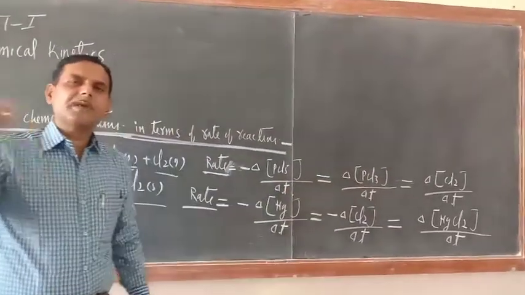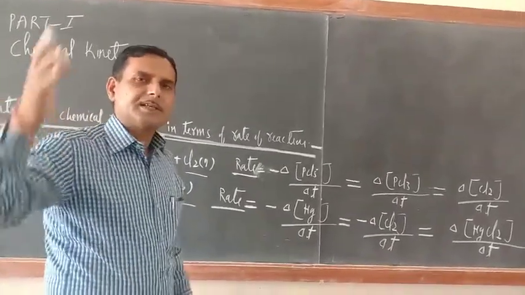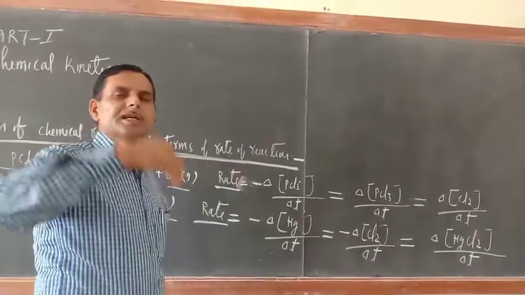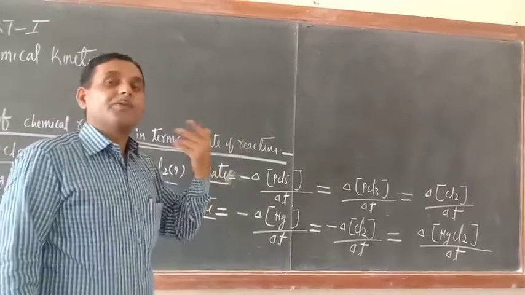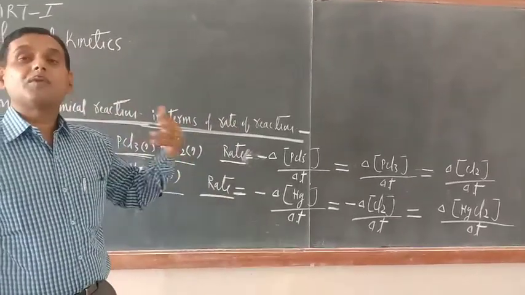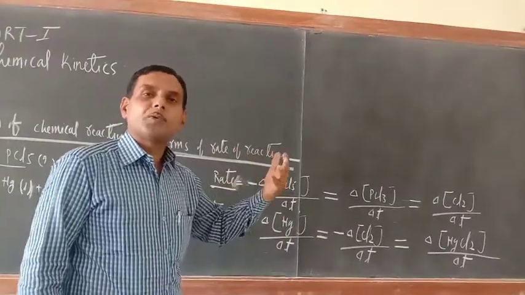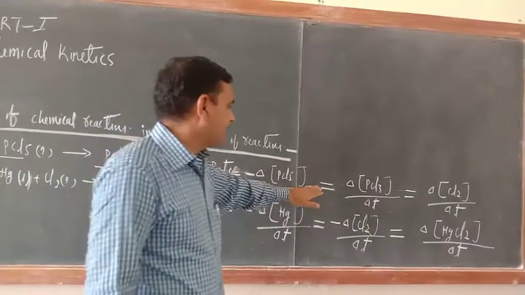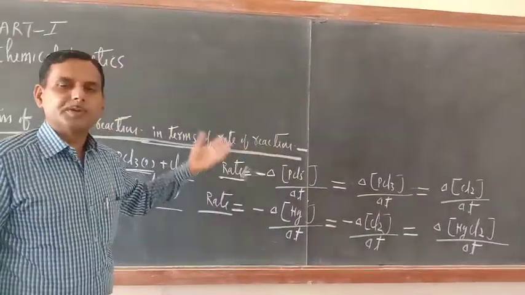What is the meaning of the equal sign here? It means in rate of reaction, whatever amount of reactant is decomposing, the same amount of product is forming, or you can say whatever amount of reactant is disappearing, the same amount of product is appearing. That is why in between reactant and product, the equal sign should be there.